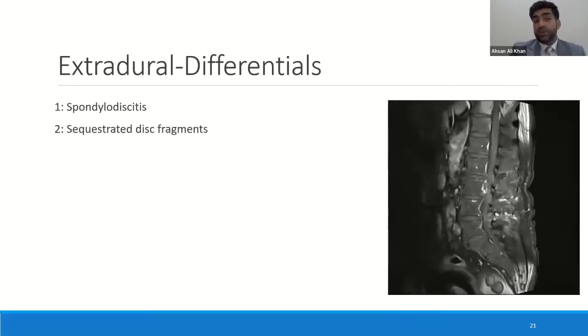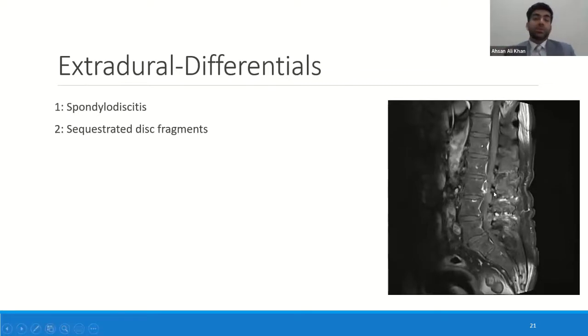So, when you have extradural tumors, there are some other differential diagnoses also. It's not always a tumor, right? Sometimes there are some mimics, for example, spondylodiscitis, and sometimes a sequestrated disc fragment. So here is the T1, contrast enhanced, fat suppressed. Here you can see the bone marrow has been suppressed, and there is the sequestrated disc fragment.